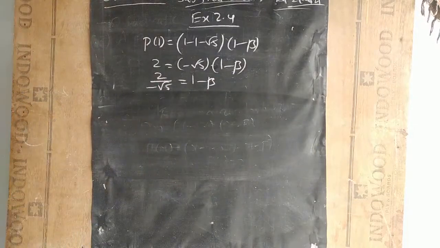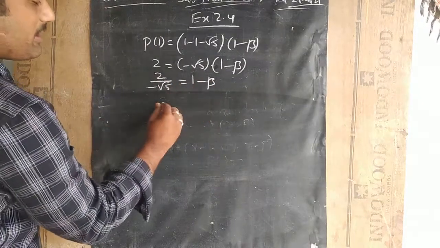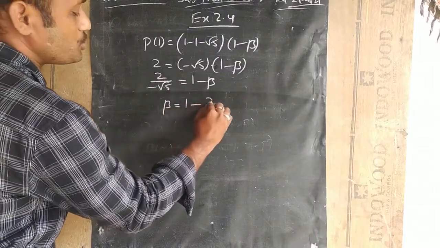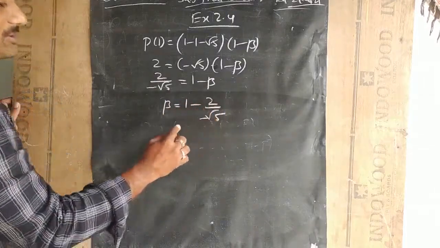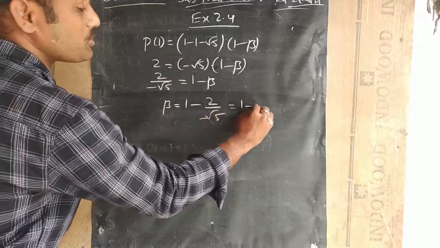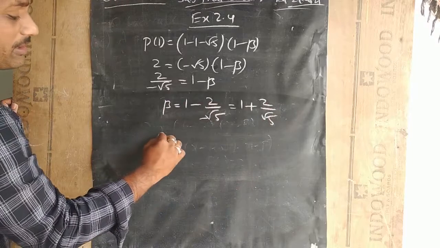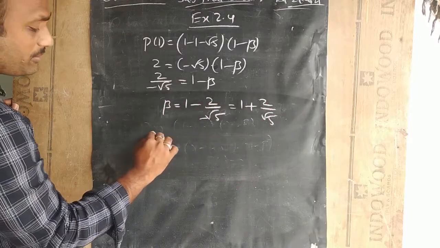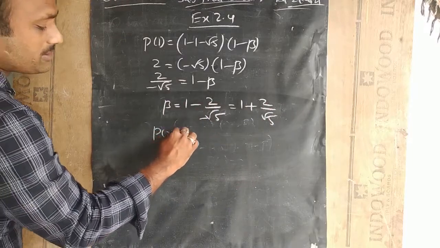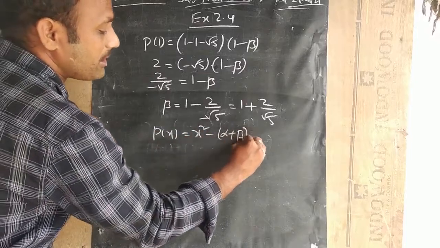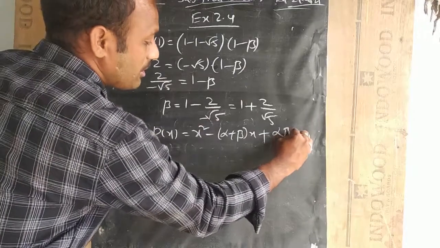1 minus beta. So let me transpose this. So beta is equal to 1 minus 2 by root 5 minus. So minus into minus will become plus. So 1 plus 2 by root 5. I got alpha value, I got beta value. Now I'll represent in the quadratic form. So p of x is equal to x square minus alpha plus beta into x plus alpha beta.